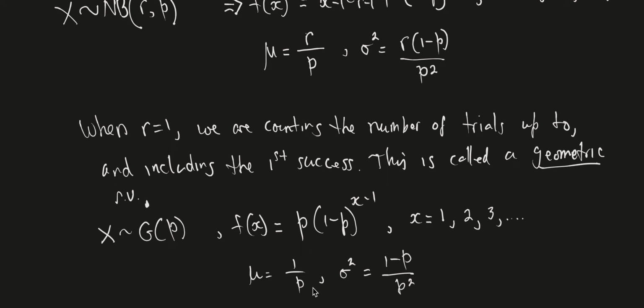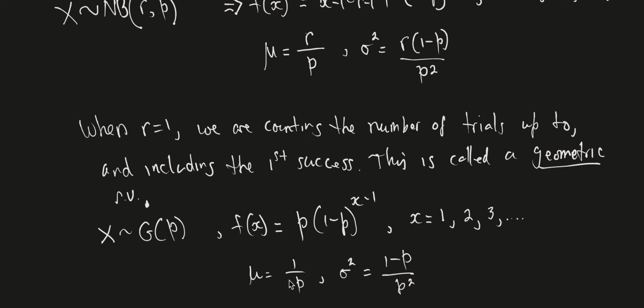Thinking about this, the mean for a geometric random variable is just the reciprocal of your probability of success. So the smaller the probability of success, the larger the mean will be. Remember, the mean is like an average. So on average, we would expect to perform the experiment more times if our probability of success is small.